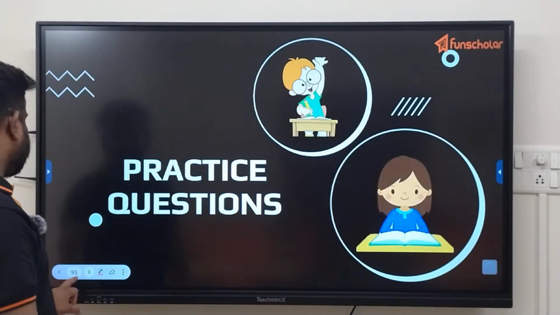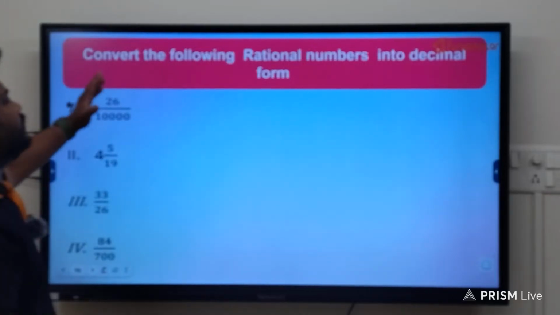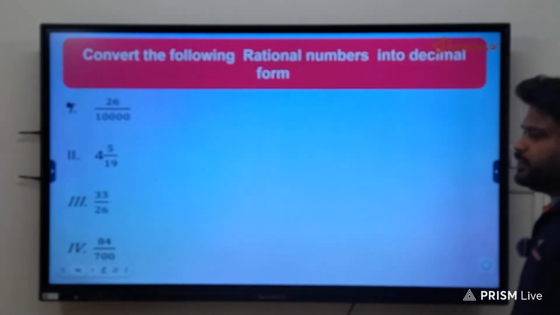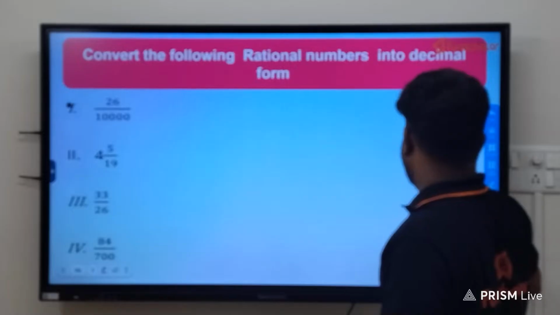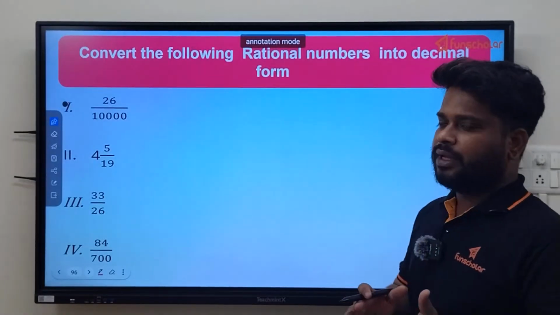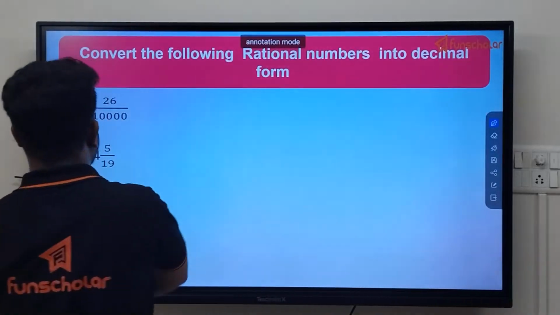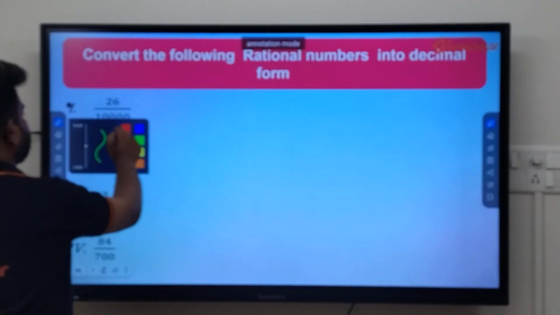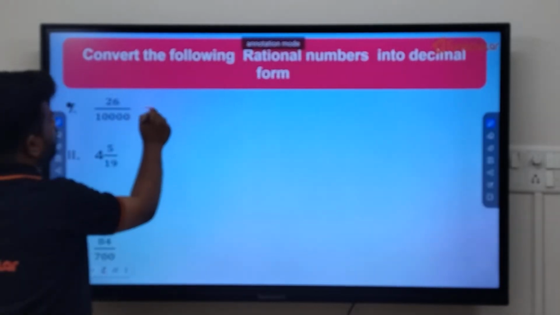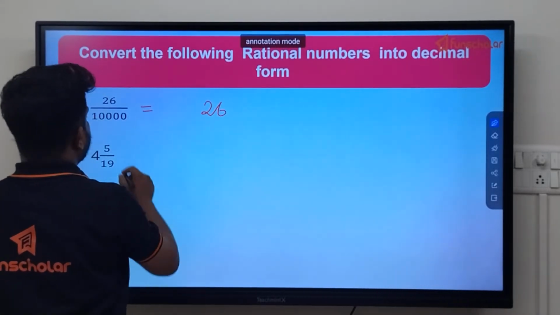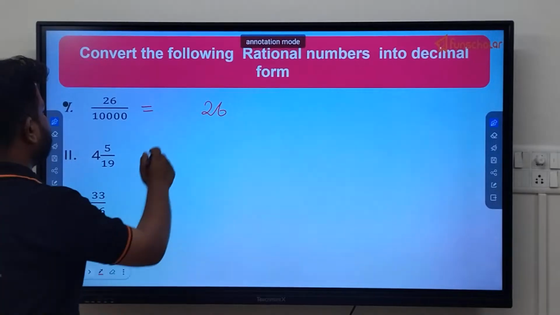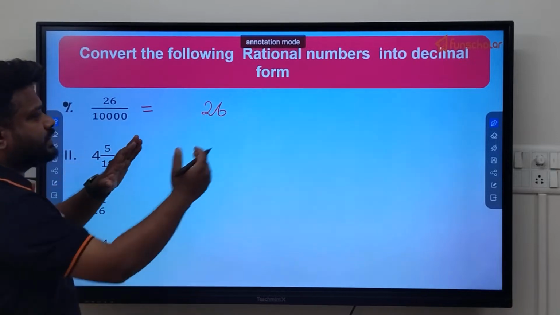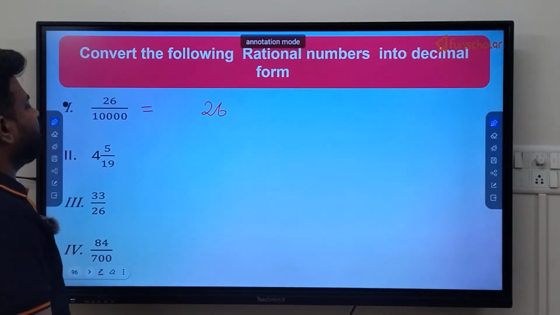Okay, so let's practice some questions. These will all be easy. Convert the following rational numbers into decimal forms. I am doing some of them and the rest will be your homework, the first one and the fourth one. For the first one, we just write 26 and then start pointing from the end, and we displace the point 4 digits earlier.